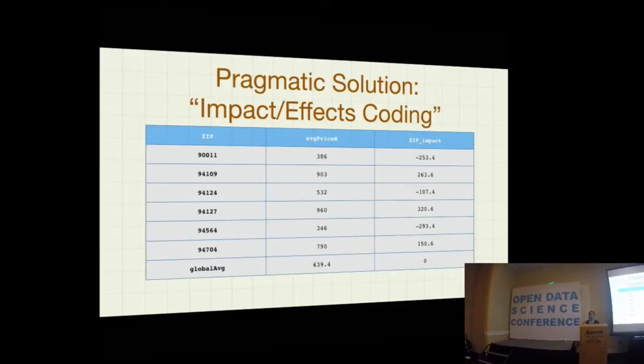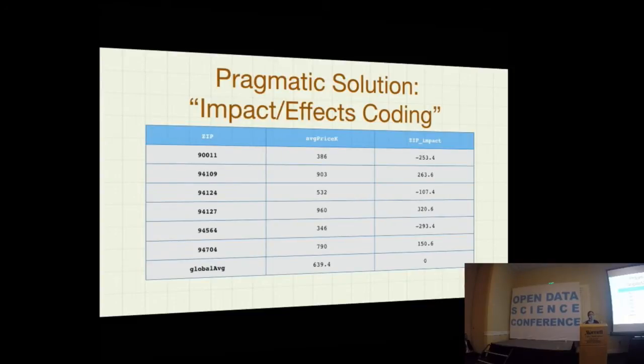So if you can't actually look up the information you really want from an external source, then the next best thing you can do is try to derive it from your data. And this is something that we call impact or effects coding. So essentially, if you're trying to predict home prices, and one of your input variables is zip code, then from the data that you already have, you can see what the average price of a home is, mean or median, whichever average you'd like to use, for the different zip codes.